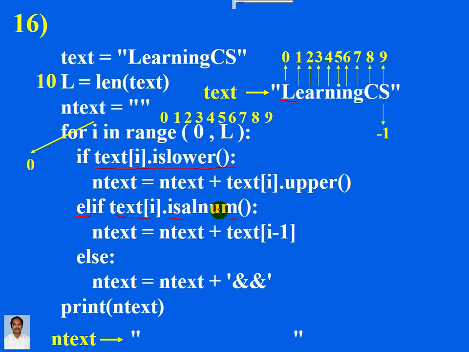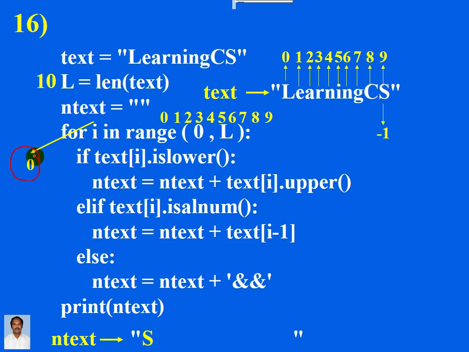So capital L is an alphabet, so this returns true. This will be executed. N text should be concatenated with this. I contains 0, so 0 minus 1, 1. Text of minus 1, you get capital S. So N text concatenated with capital S, that comes in N text. So here capital S comes.